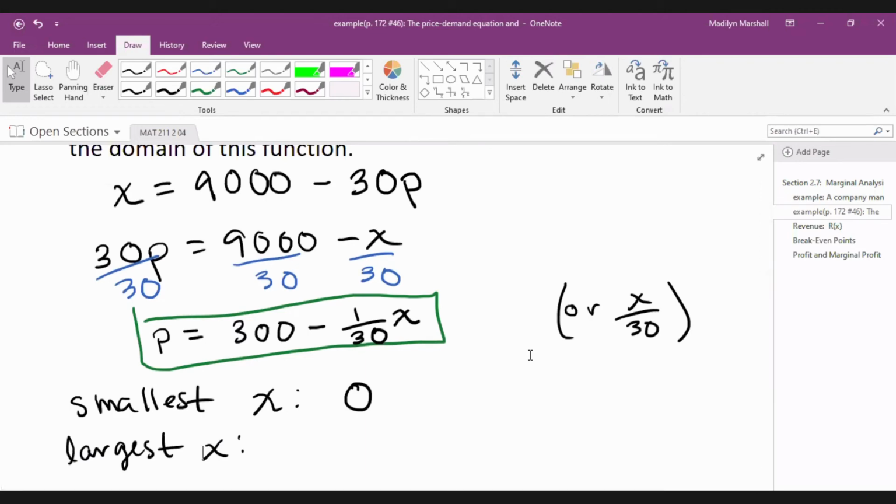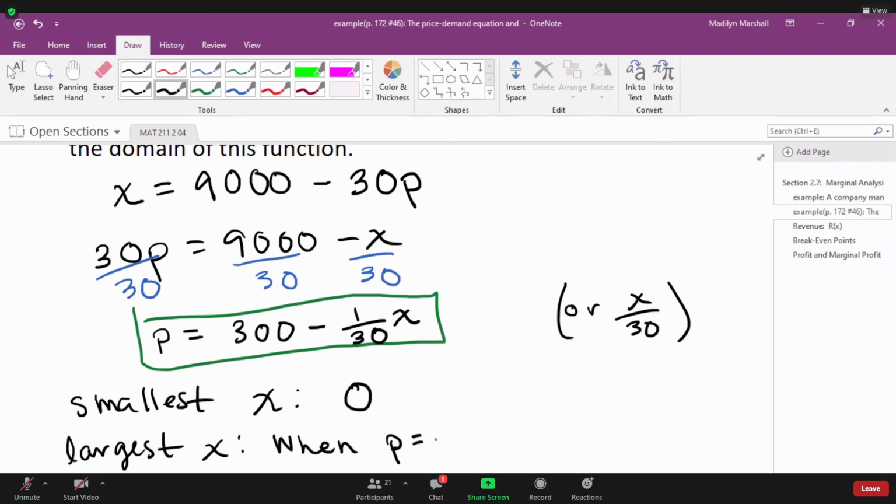If you feel really good about graphs of lines and what this looks like, we could think about that. But we can also just think, at what price would we sell the most TVs? Would it be 30? Not 30, 300. Are you saying 300 for x?